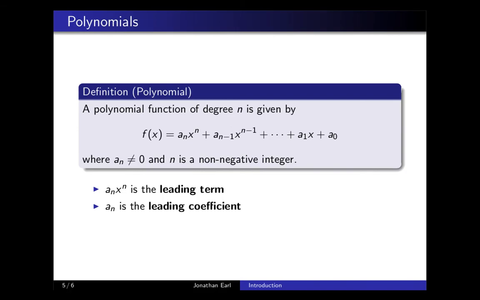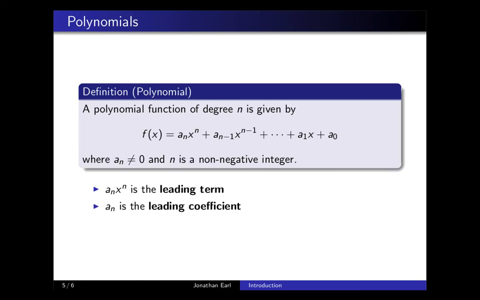Okay, some terminology about polynomials. So if we have a sum of just positive powers of x, so we have a_n x to the n where n is some positive integer, and then we proceed all the way down to a_1 times x to the 1 plus a_0, which is just a constant.